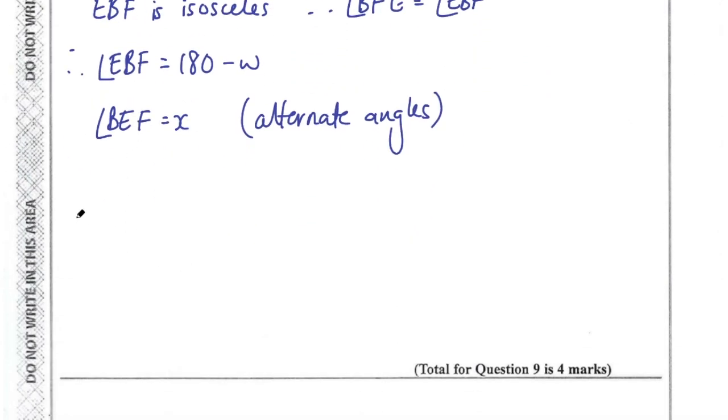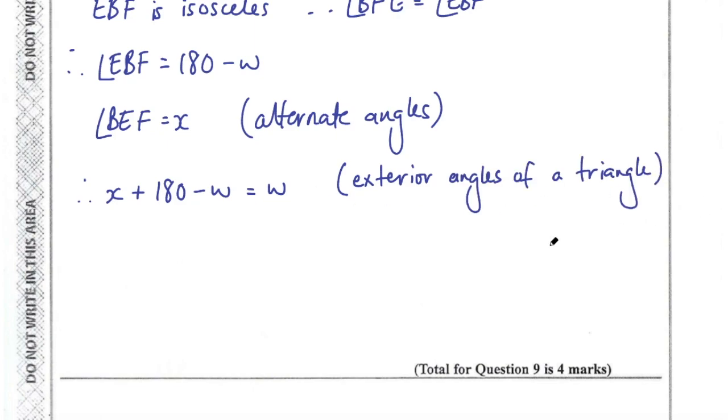So I know that therefore X plus 180 minus W equals W, the exterior angle, and the rule there is exterior angles of a triangle. And then I can go ahead and simplify this. First thing, add that W to the other side. So X plus 180 equals 2W.